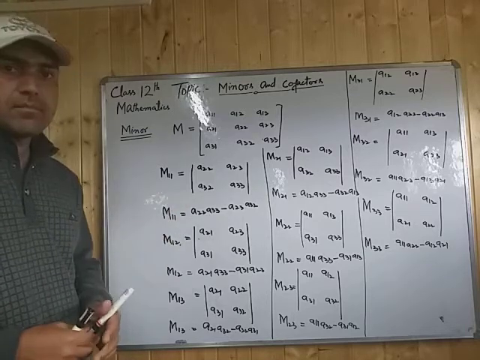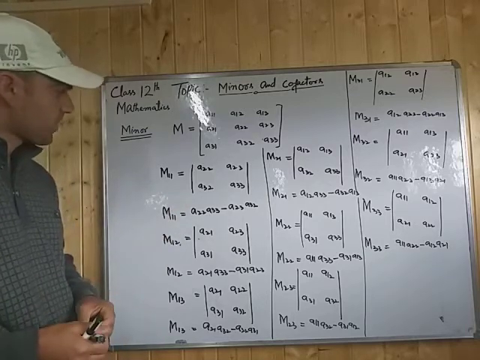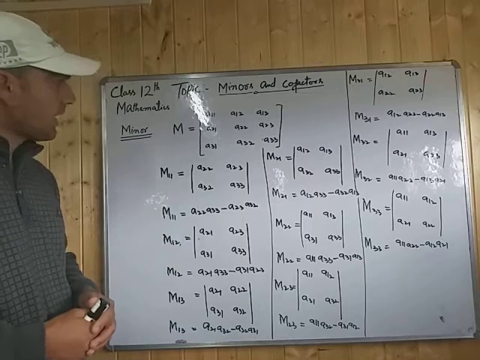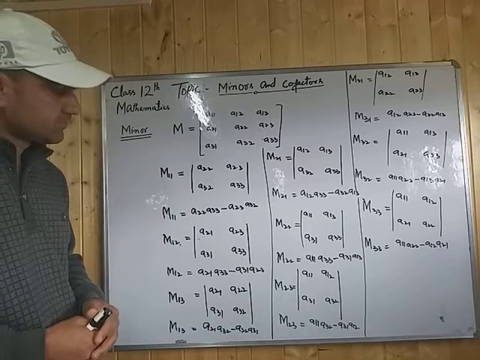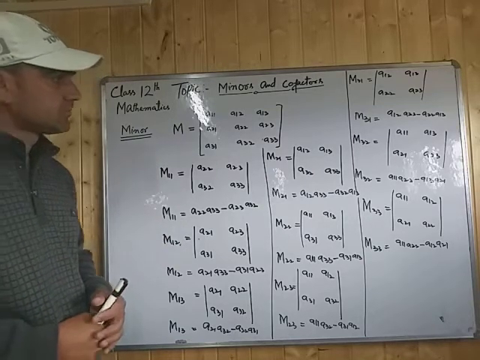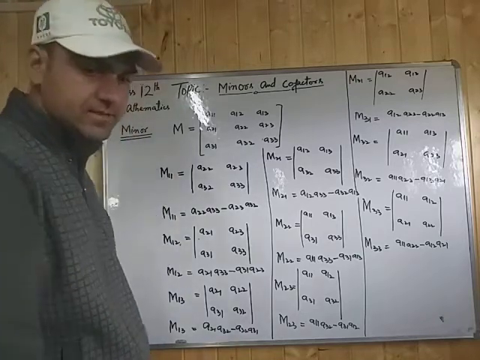Now we'll take a matrix, a simple matrix, and we'll find the minors of that matrix. So it's an easy process.